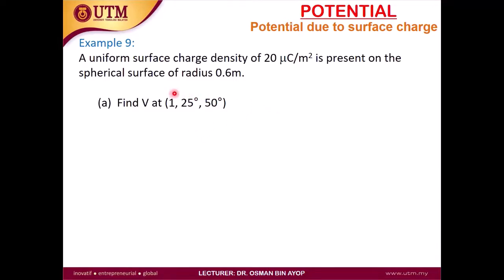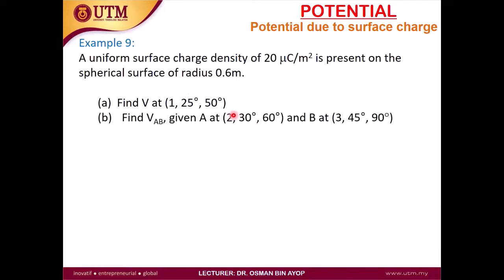So r is 1, theta is 25 degrees, and phi is 50 degrees. And then b, you need to find VAB, where given A at 2, 30, 60, and B at 3, 45, 90. Alright, these are the questions.